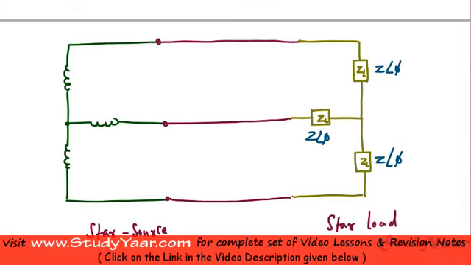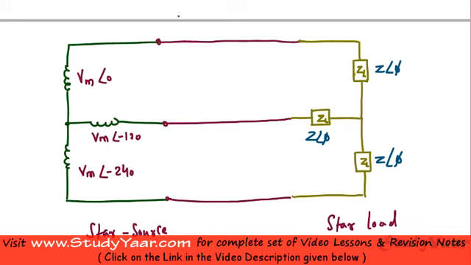Let's just assume the voltage generated due to this coil is Vm angle 0, due to this coil is Vm angle minus 120, and due to this coil is Vm angle minus 240.